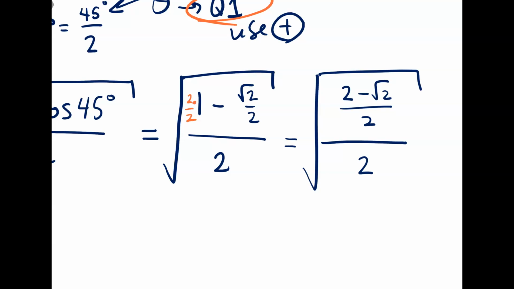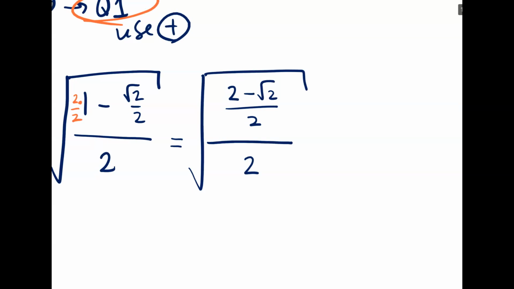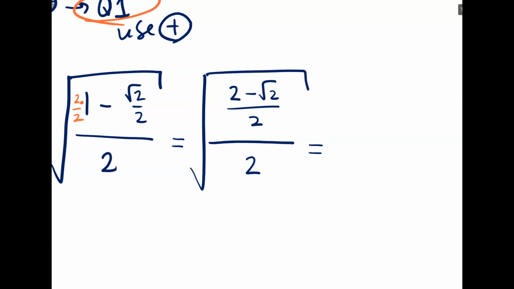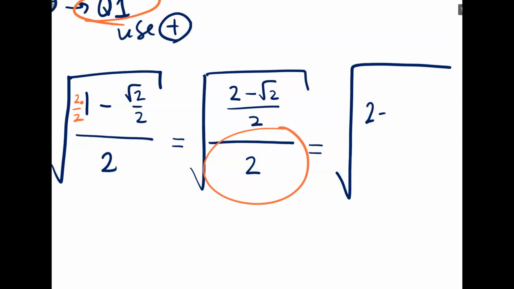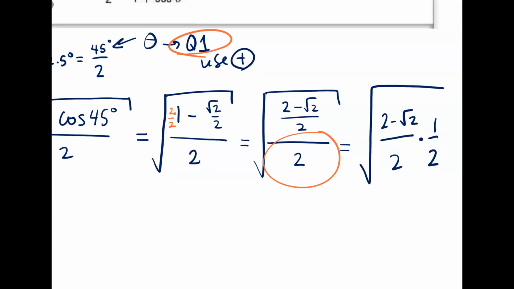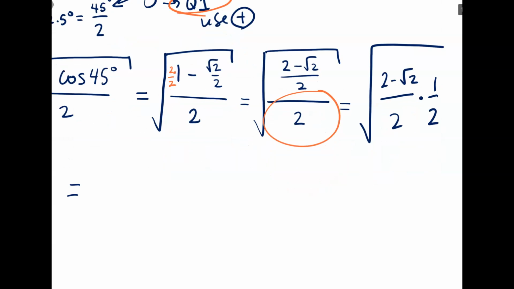So now that we have this, I want to deal with the division. Dividing by 2 is the same as multiplying by the reciprocal, which is 1/2. So I have 2 minus root 2 all over 2, and instead of dividing by 2, I'm going to multiply by the reciprocal, 1/2. I ran out of room, so come down here.